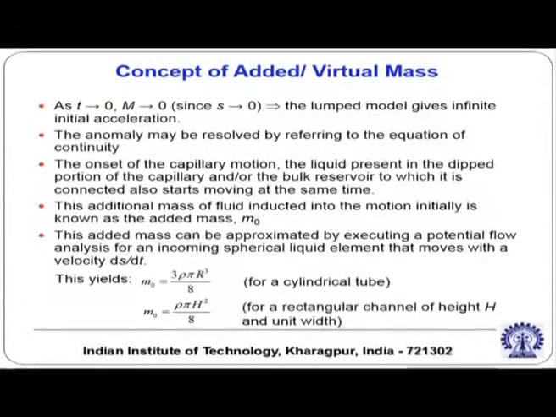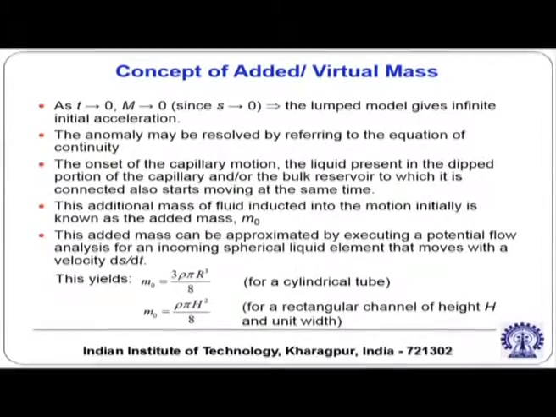These expressions are derived by applying a potential flow analysis for an incoming spherical liquid element that moves with the velocity ds/dt. Why potential flow analysis? Because the fluid is not already within the channel, so viscous effects are neglected. That makes it an inviscid flow type of analysis; potential flow is inviscid irrotational flow.